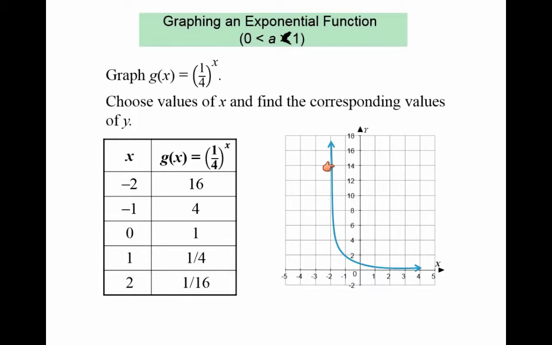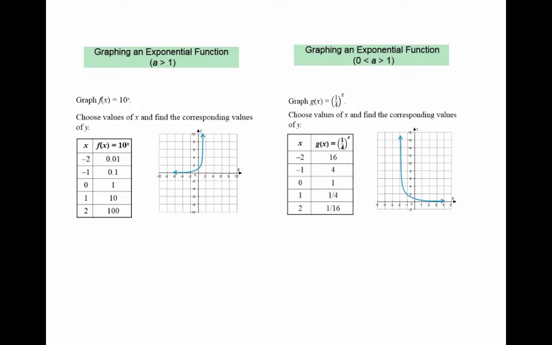If you take a look at the graphs side by side, if a is greater than 1, look at the shape of the graph. From left to right, it increases. And if a is less than 1, the graph behaves this way.